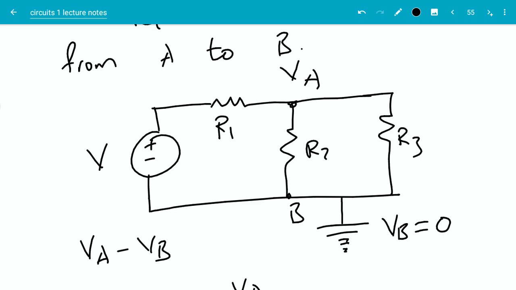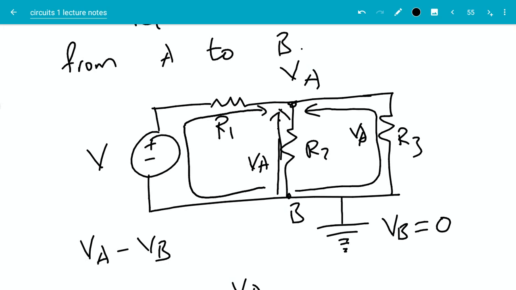So if I move a unit charge along R2, I need VA amount of work to move it. If I move the same unit charge through R3, I still need VA amount of work. Let's say I move it using this path, I still need VA amount of work to move it.